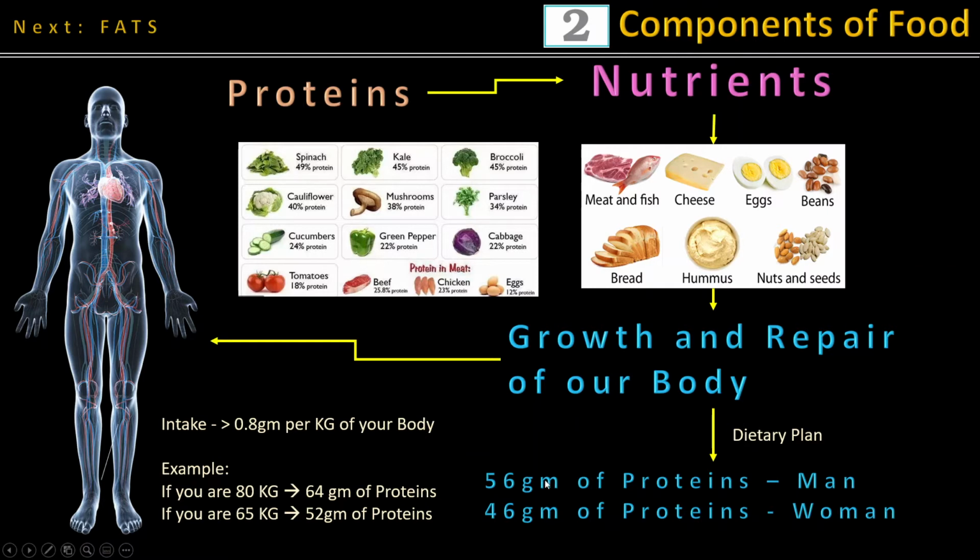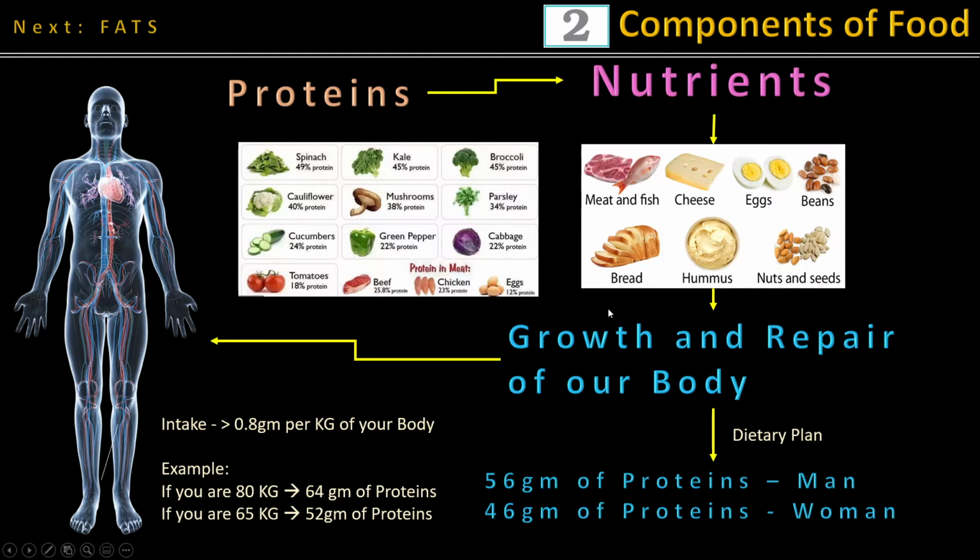For example, a man needs 56 grams of protein per day, and a woman should have 46 grams. In a rough calculation, from morning to night, whatever food you eat, in that you need to consume a minimum of 56 grams of protein if you are a man. Just in a rough calculation, 0.8 grams per kg of your body weight.